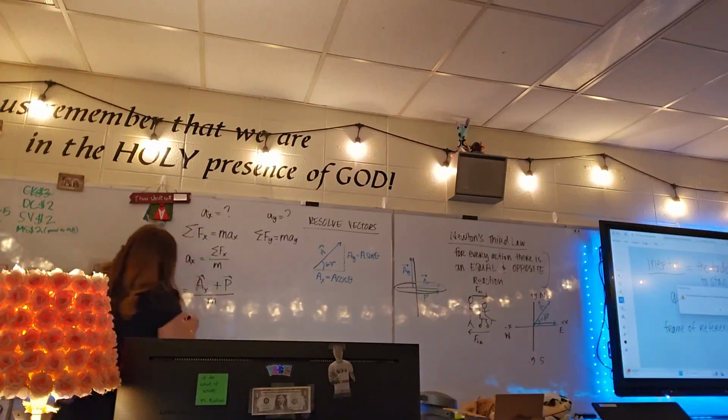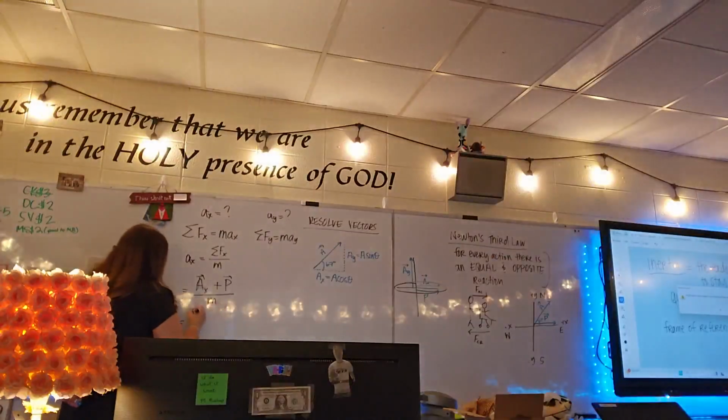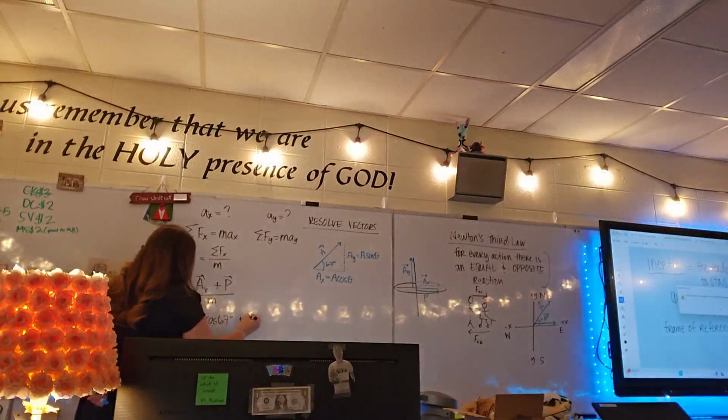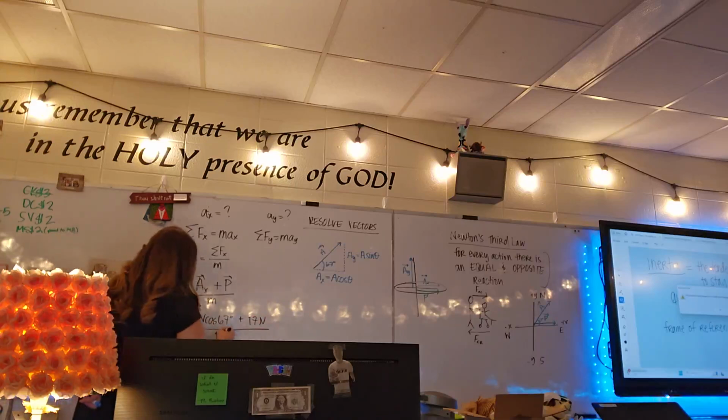Now, I just want to finish this off, so I'm going to put my numbers in now. ax is A times cosine of theta. So I'm going to do 15 newtons times cosine of 67 plus 17 newtons from P, divided by, I think, 1,300. Is that the math? I never wrote it down on my board.